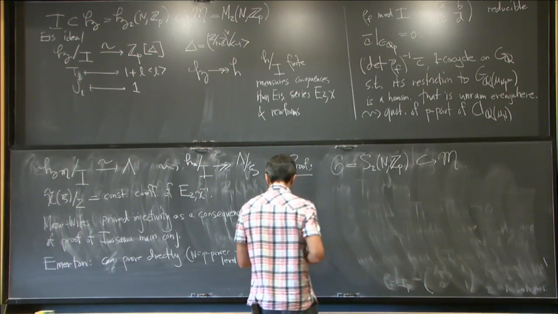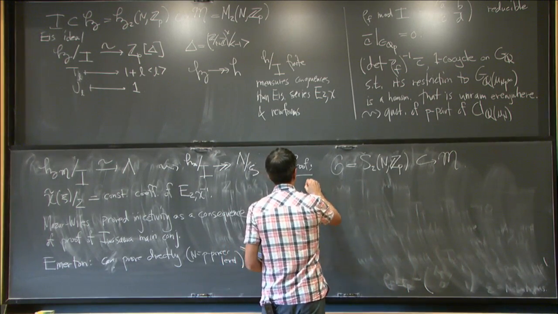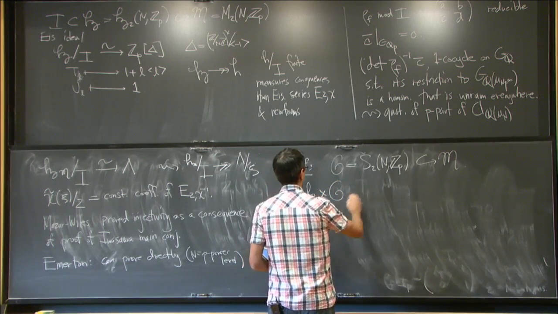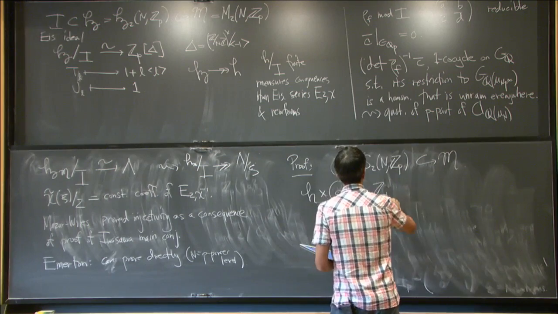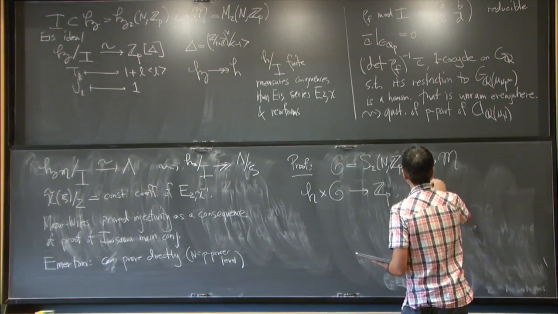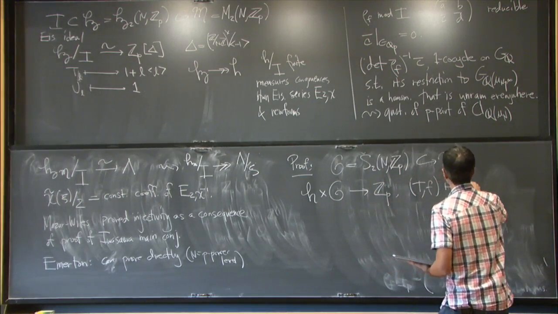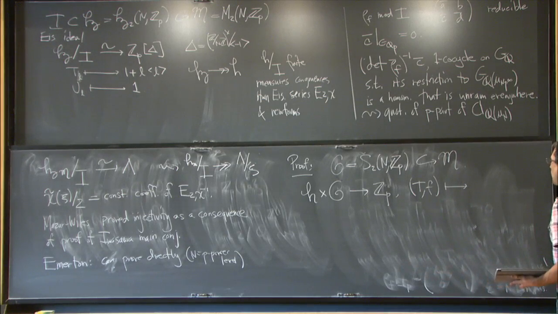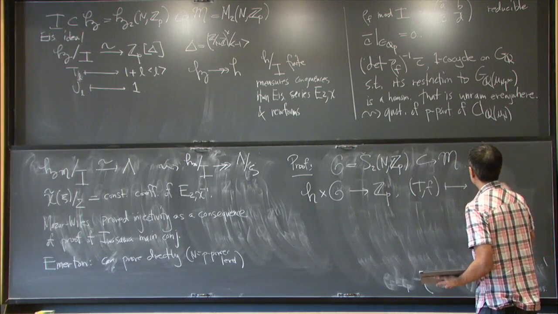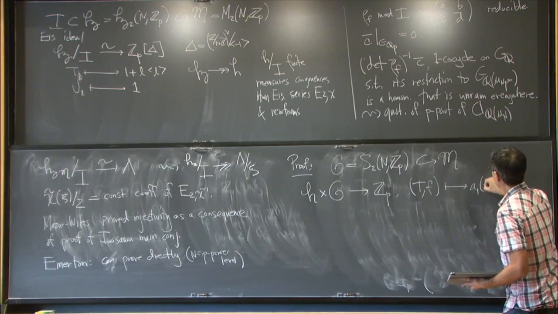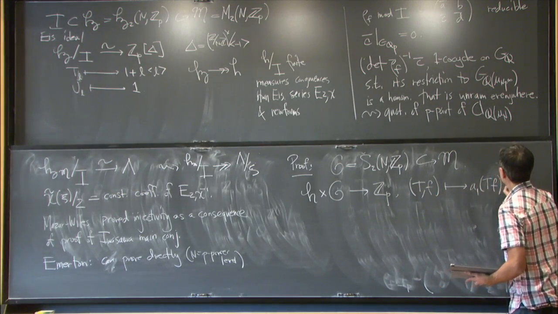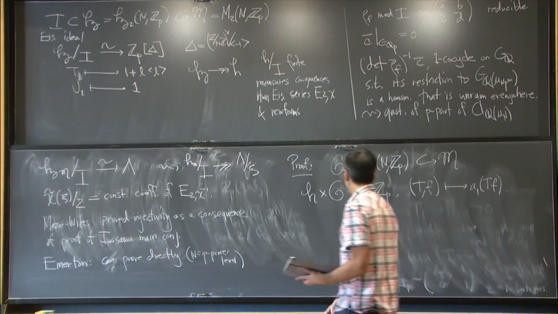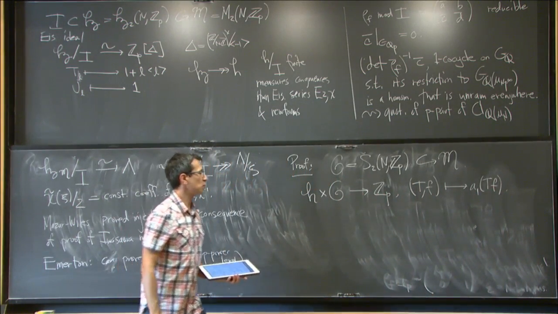And there are pairings: H cross S maps to Z_p. You can find this in Hida's blue book, if you like. So if I have a Hecke operator and a cusp form, then I can take the coefficient of q of the Hecke operator applied to the cusp form. And this is a perfect pairing.